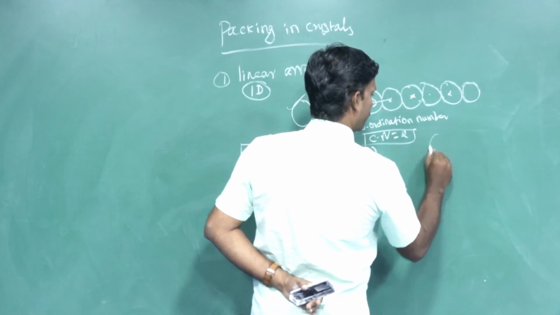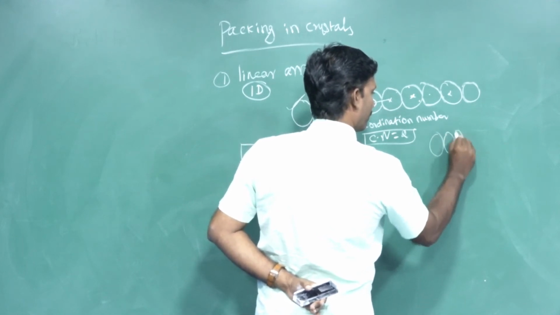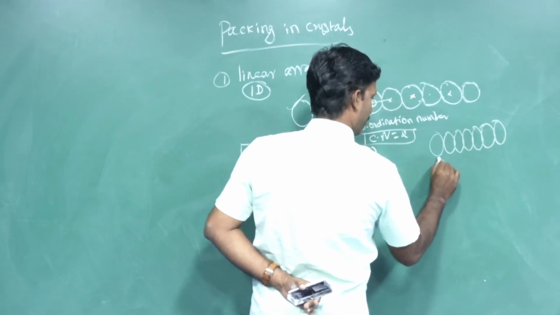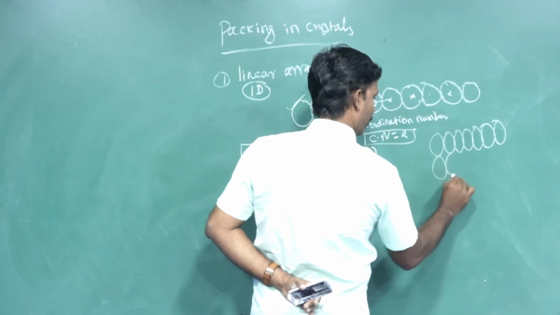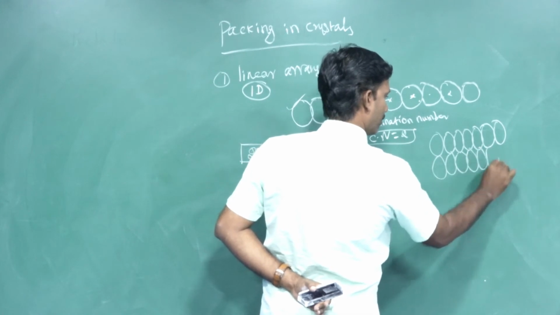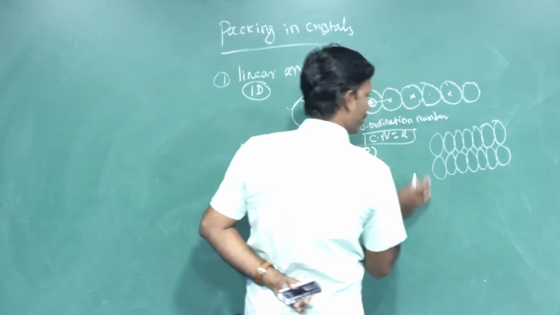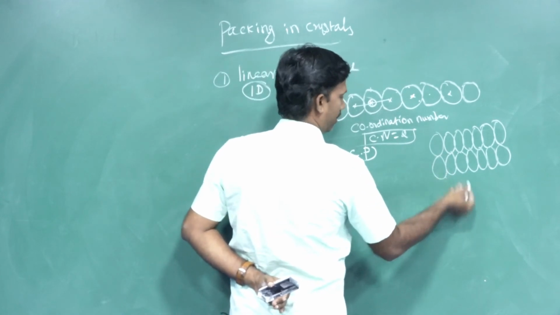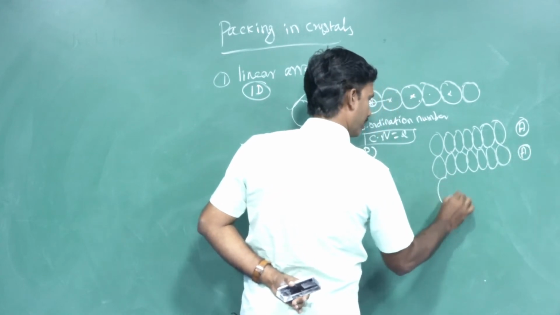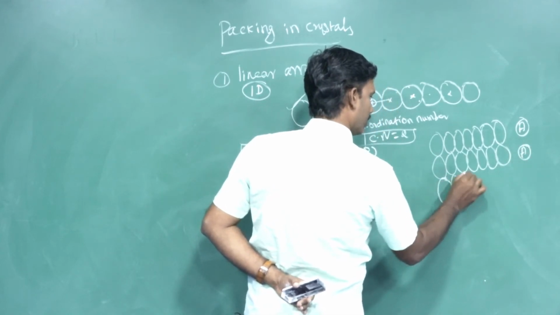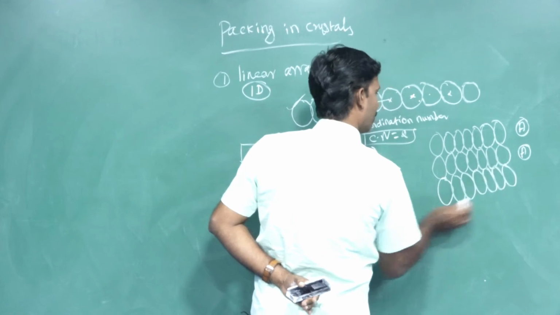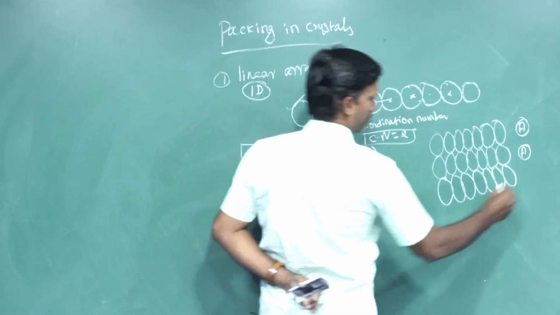For example, the first sphere is there like this. There is no change, you have to view it the same way. Next line, this is A type, again A type, one more A type. Likewise, this will go on like this. All are arranged in the same way, so there is an A type arrangement.